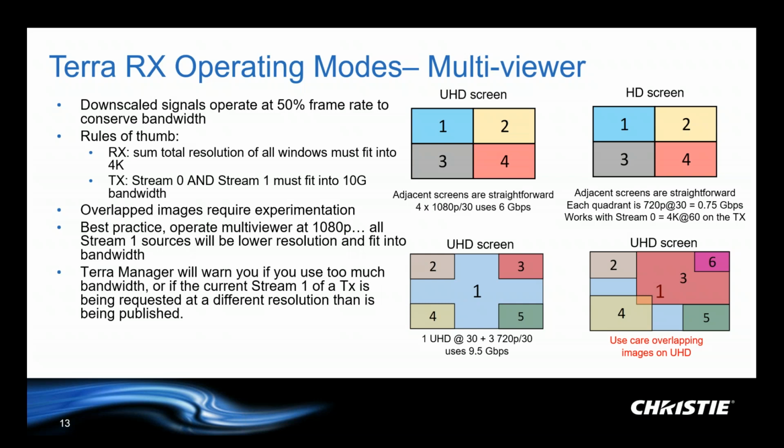This is a resolution that could be handled by stream 1 on a transmitter that is transmitting 4K at the same time. 4K 60 is taking up about 8.5 to 9 gigabytes of bandwidth, and stream 1, if it's in 720p, is only taking up 0.75 gigabytes, so it fits into the pipe. So that would work.